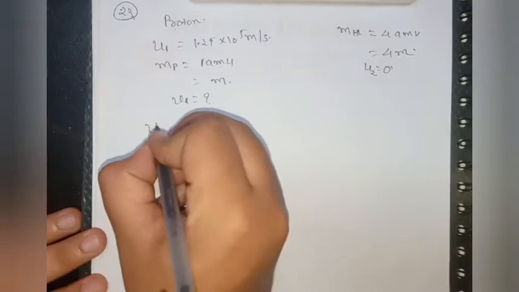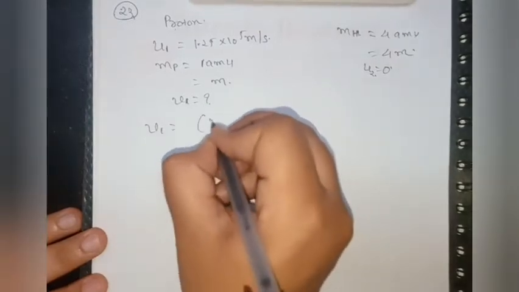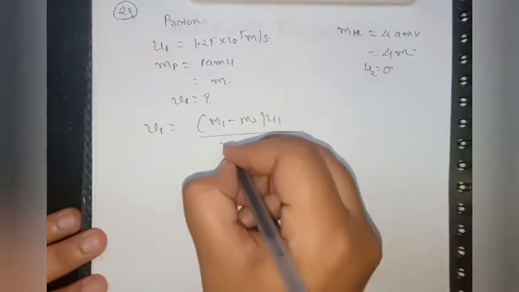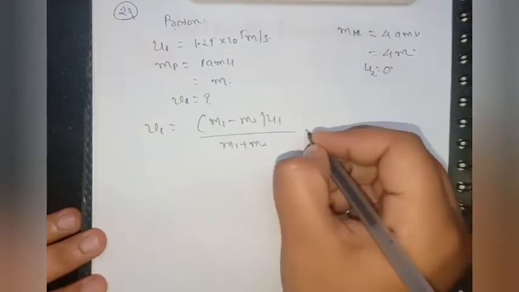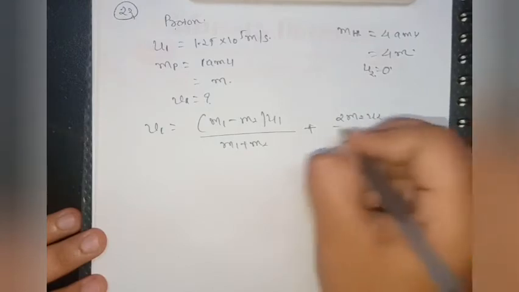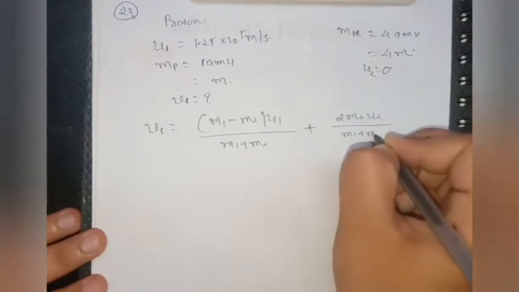We'll use the direct formula. v1 is equal to (m1 minus m2) into u1 divided by (m1 plus m2) plus 2 m2 u2 divided by (m1 plus m2).